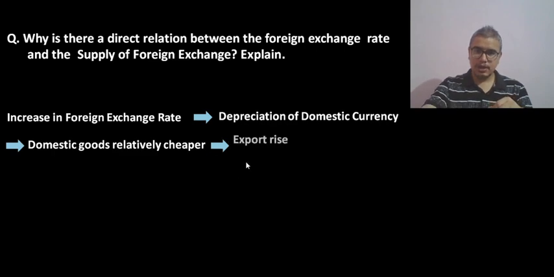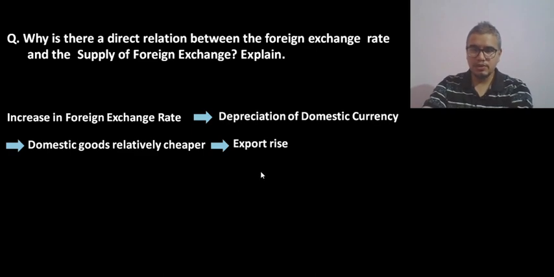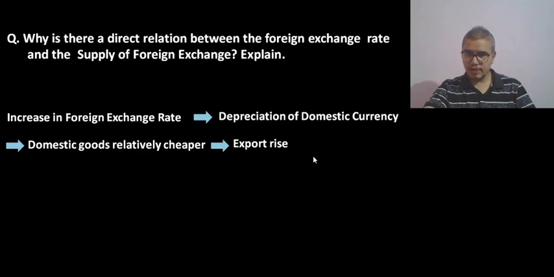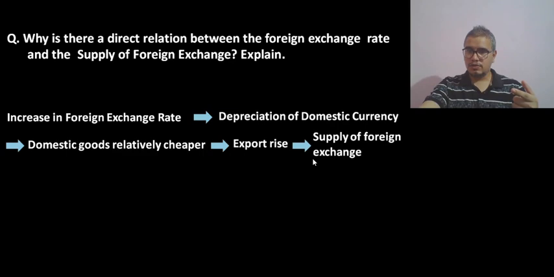So they will be importing more from us, that is, our export of domestic goods will rise. And whenever the export of domestic goods rises, as we have already discussed in the previous slide, the supply of foreign exchange also rises.